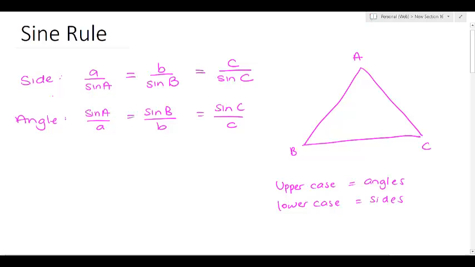The lowercase sides are always opposite the angle. If you're looking at A, the side opposite A is lowercase a. The side opposite angle B is lowercase b, and the side opposite C is lowercase c.